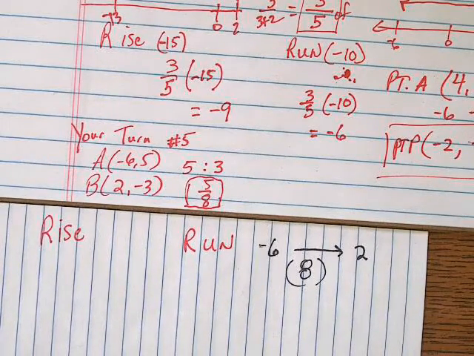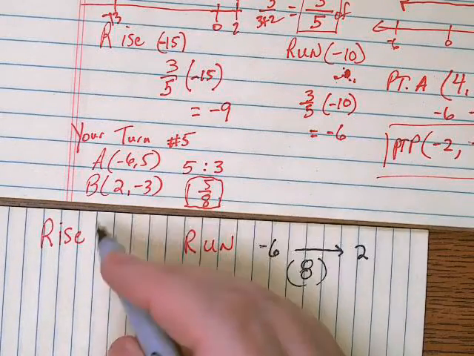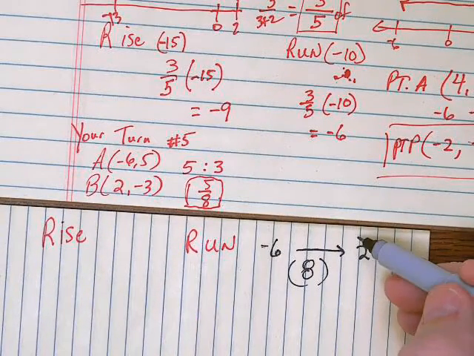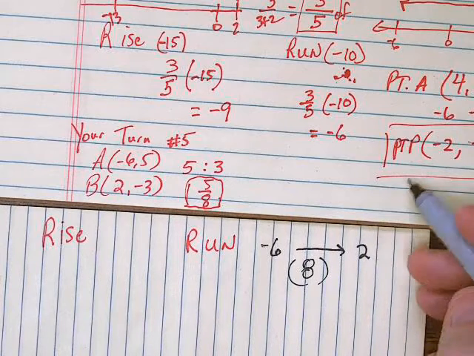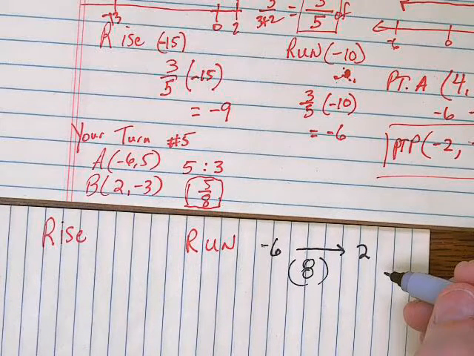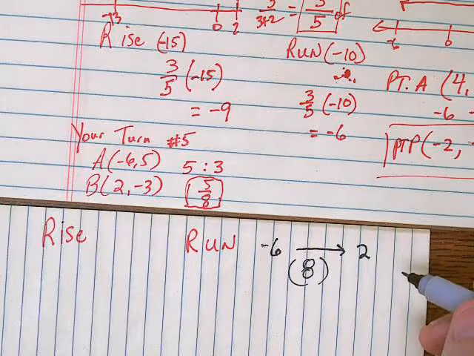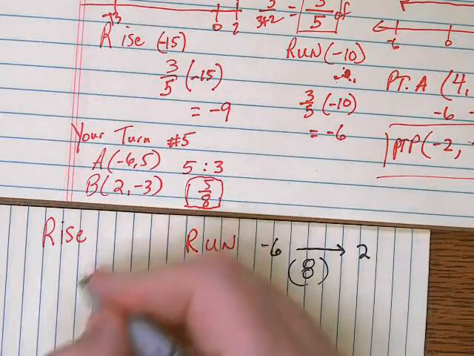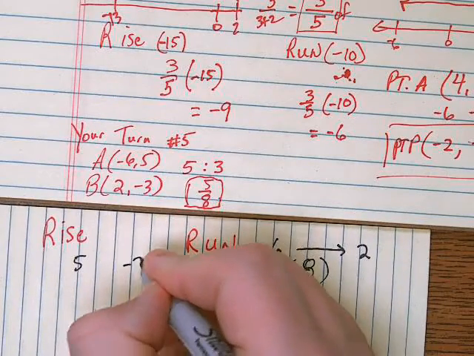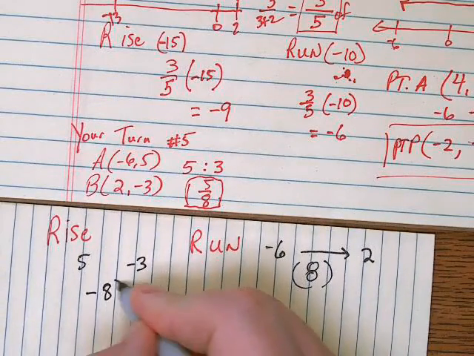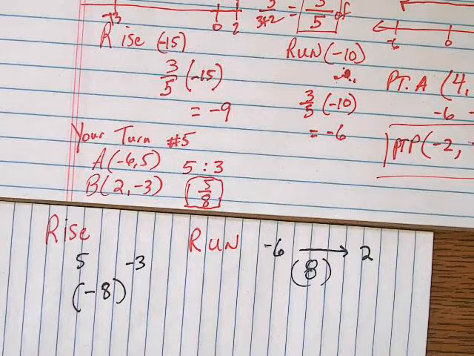What all do you want me to call you? How do we do the rise then, Ella? What do you get from 5 to negative 3? That's right. No, very good.